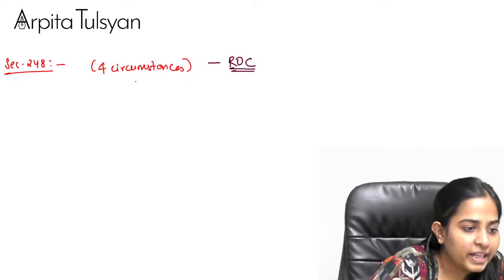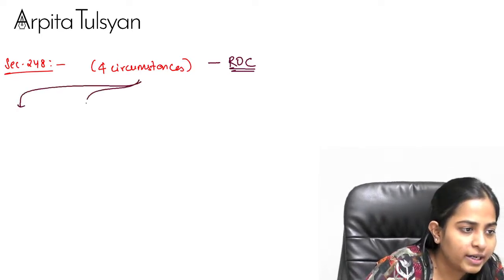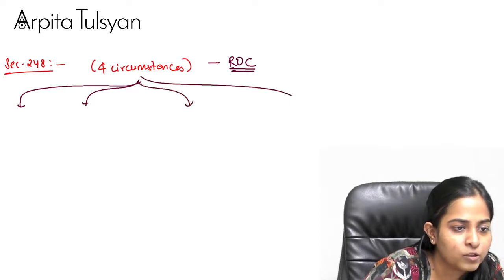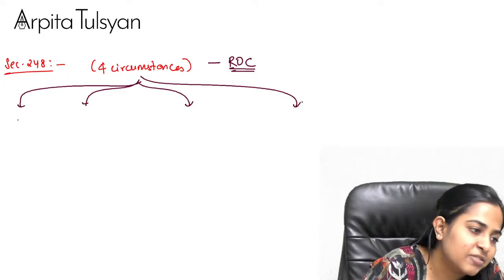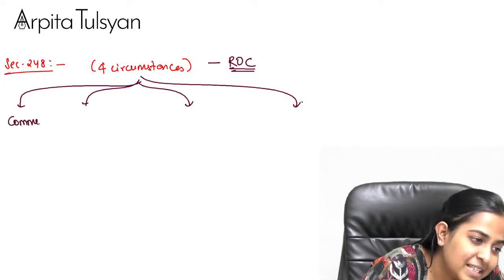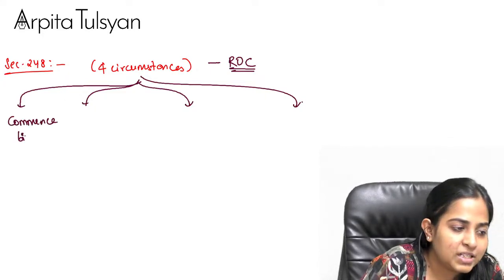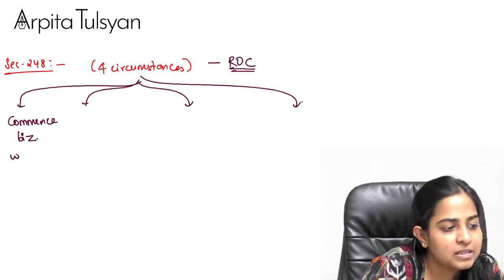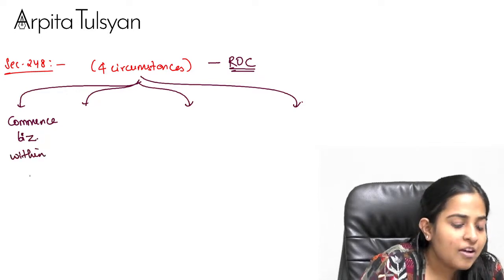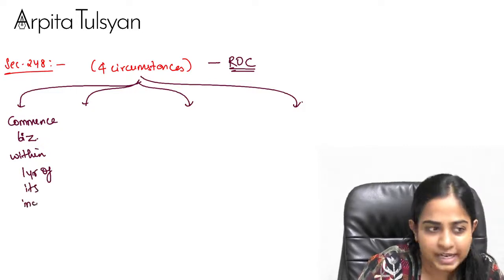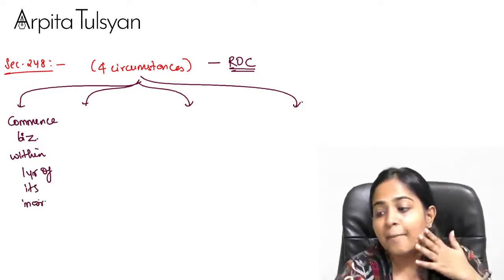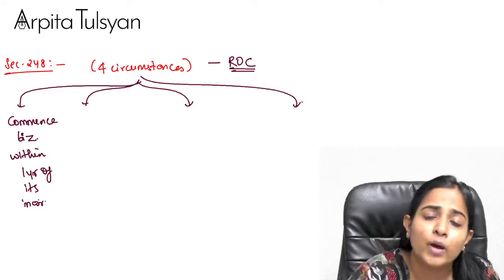So now there are 4 circumstances. Just try to understand what those 4 circumstances are. First of all, if the company has failed to commence business within 1 year of its incorporation. Means it was incorporated, it was formed, but after that it did not do any business.